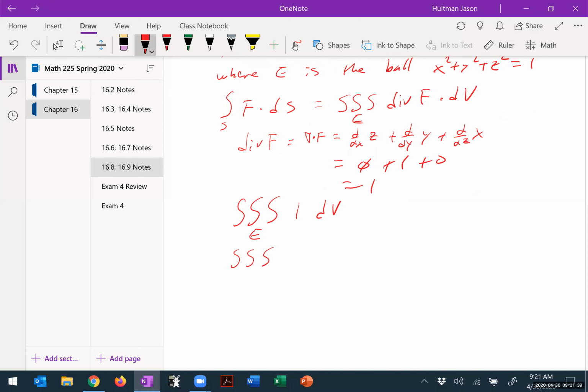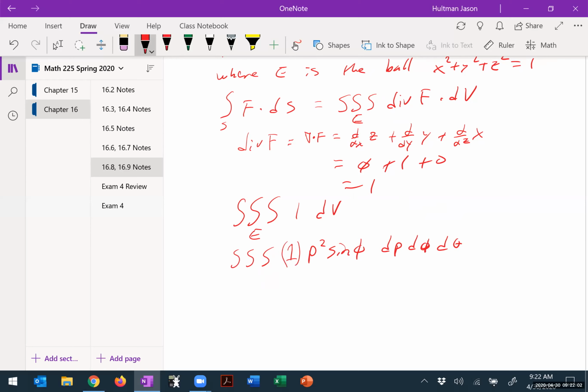This is 1 times rho squared sine phi d rho d phi d theta.